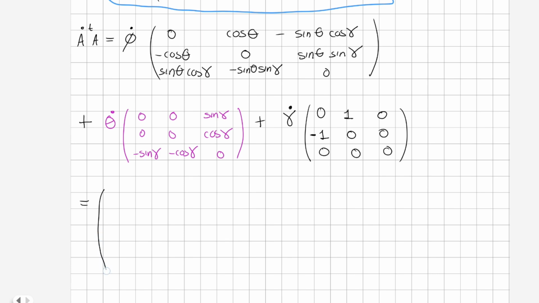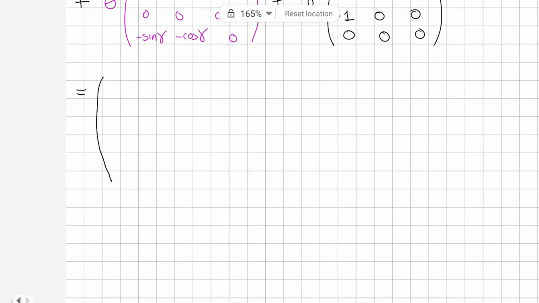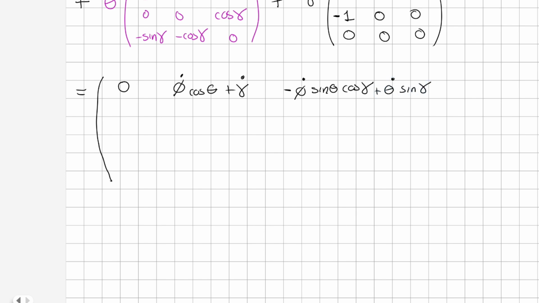So if we do this, we are going to get a big matrix that will be 0 here. It will be phi dot cosine theta plus gamma dot. Then here we are going to get minus phi dot sine theta cosine gamma plus theta dot sine gamma. Then here minus cosine theta phi dot minus gamma dot, 0, phi dot sine theta sine gamma plus theta dot cosine gamma.